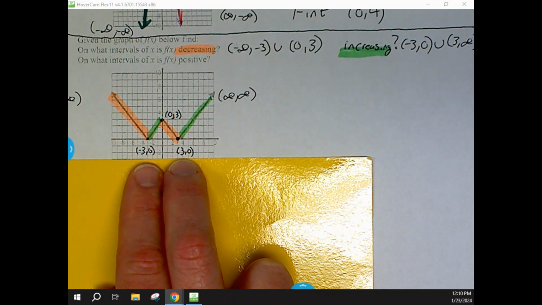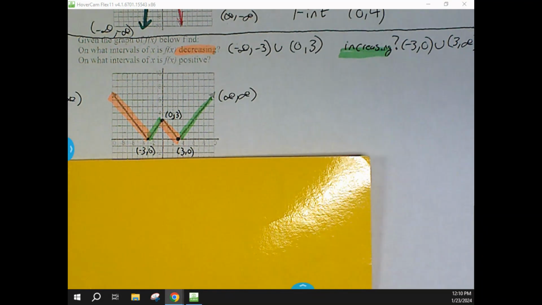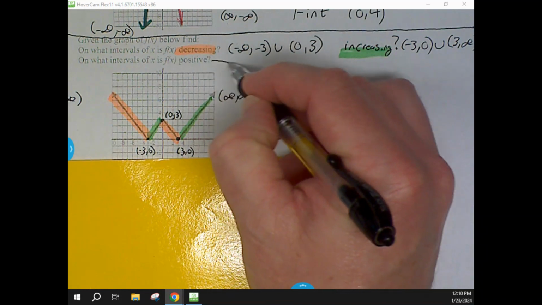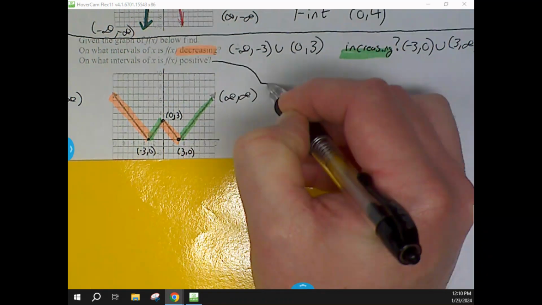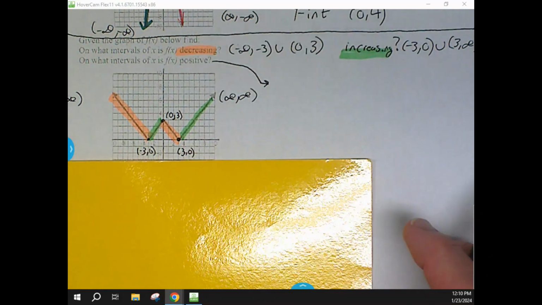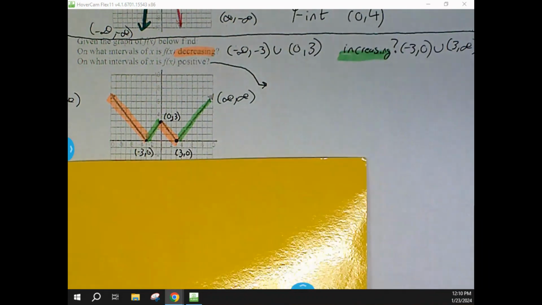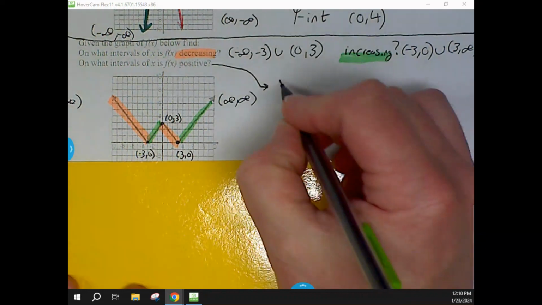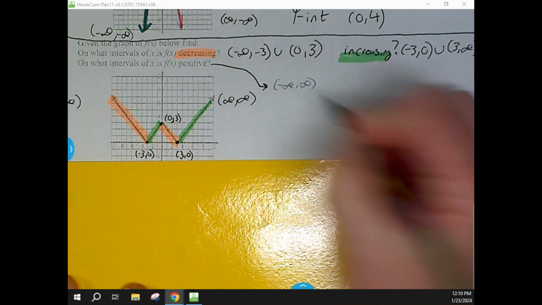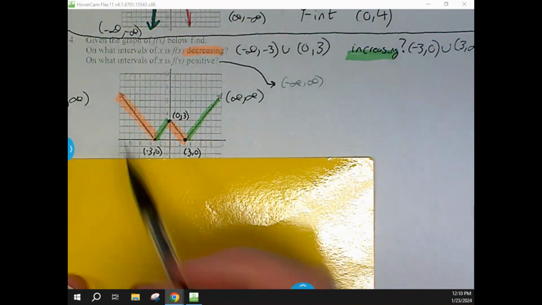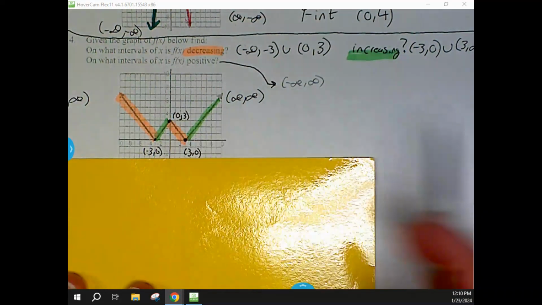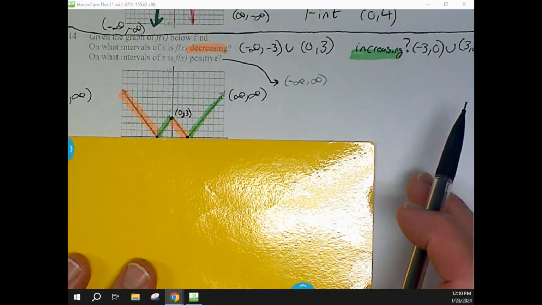So in this case, we're going to do this in a bunch of different parts. When I looked at the answer for this question from where I grabbed this sample, I don't think they did it right. They put what answer they wanted you to have. And don't write this down because this is not the right answer. They wanted you to say it was negative infinity to infinity, so the whole graph they're saying was above the x-axis.